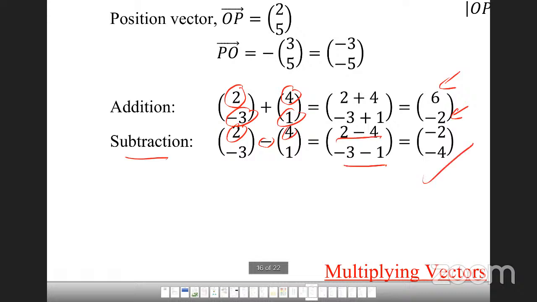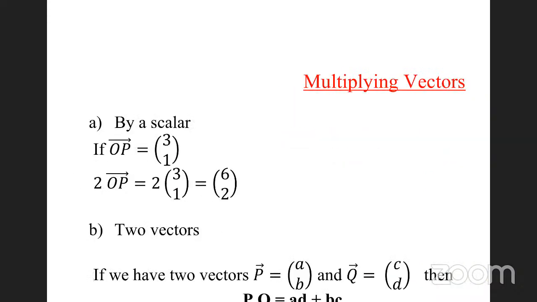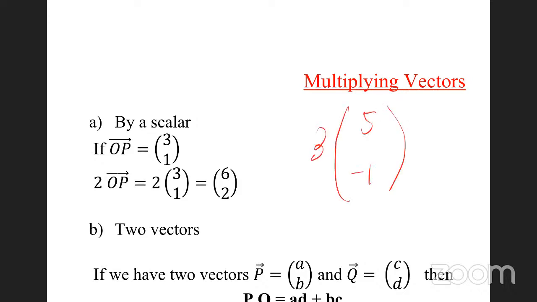It starts to get a little trickier when you have to multiply a vector by a scalar. Let's say you had to multiply 3 by (5, -1). You multiply the 3 by the 5 and the 3 by the -1, so you end up with (15, -3). That's the way you multiply by a scalar.